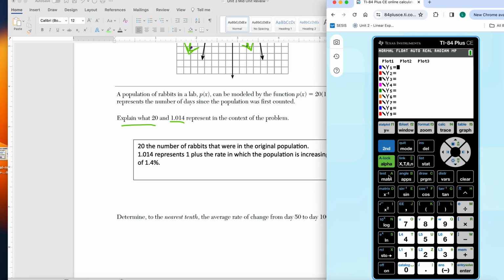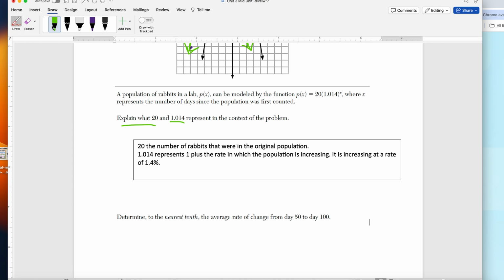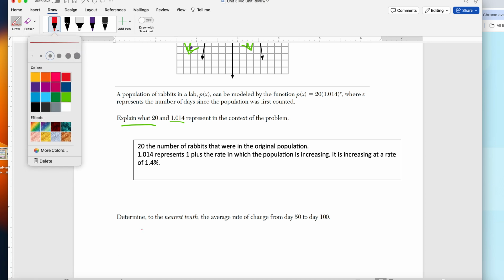But first I'm just going to put it in, and you should write it. The only reason I wasn't writing it was because it's annoying for me to write on here, but you should write it. And we'll look at the rubric in a second.